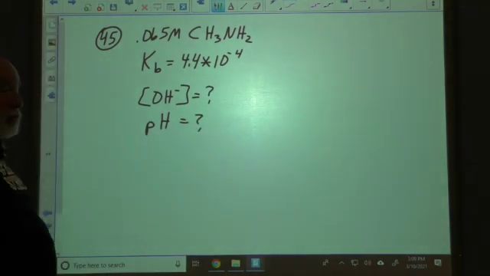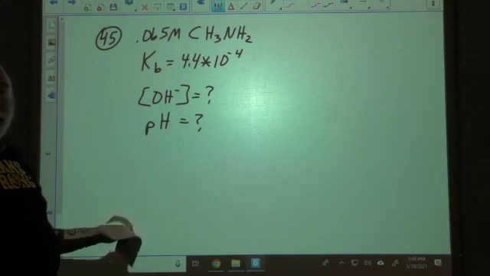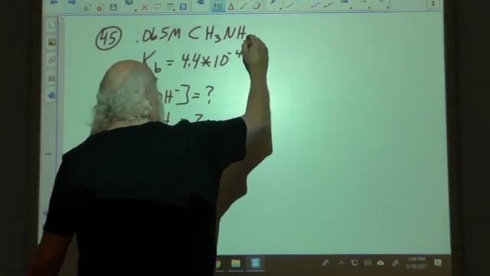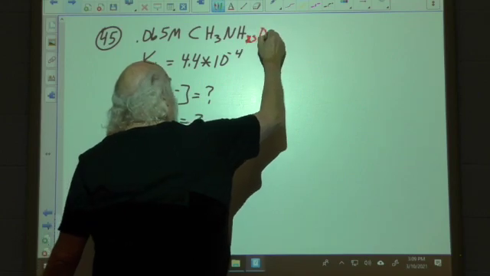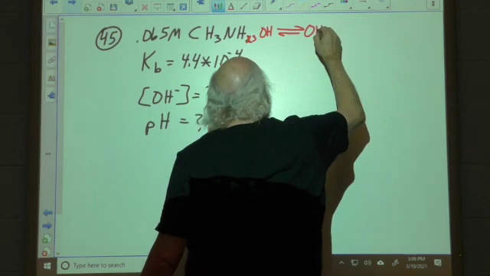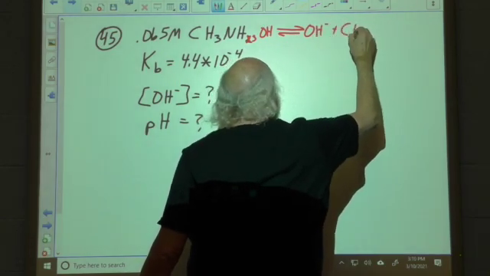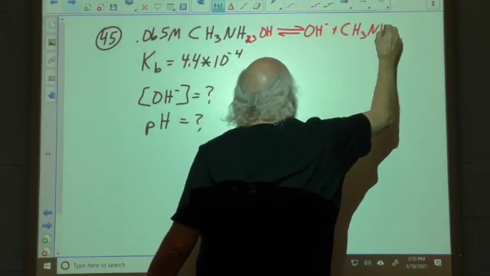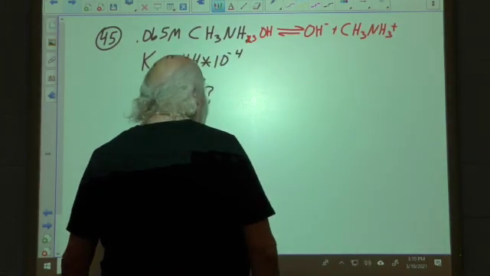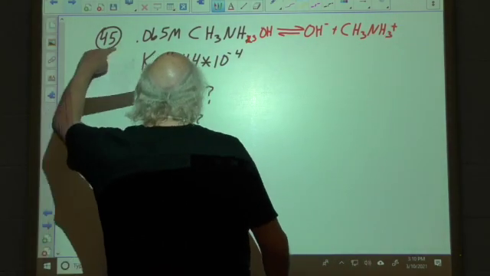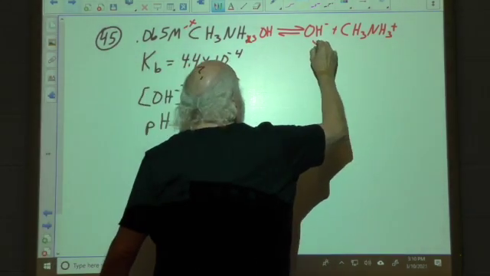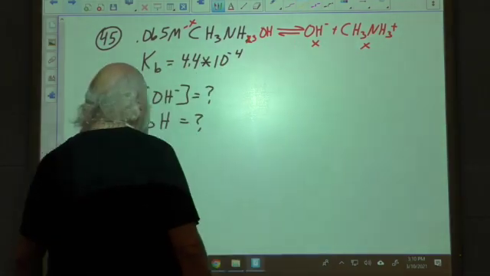Okay, so what we're going to do here is hydrolyze that thing. So we're going to add a hydrogen here, make that a 3, and add an OH on there. Double arrow, OH negative, plus CH3NH3 positive. Okay? And we know that this is 0.065, and we're going to lose X of this, and we're going to gain X here, and we're going to gain X here.